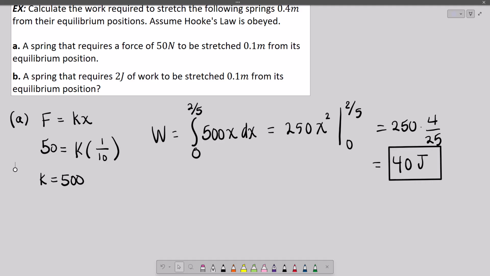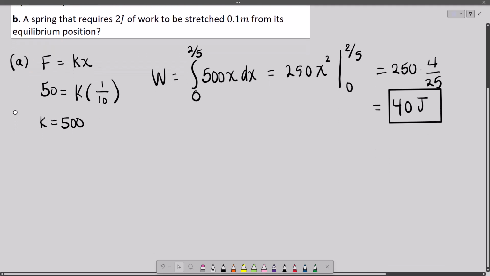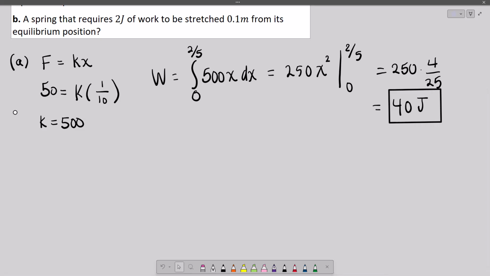Now the second one is a little weirder, the second part here. The second part does not give us what we typically are thinking of as initial conditions. Normally they're giving us a force and a displacement so we can use F equals kx.